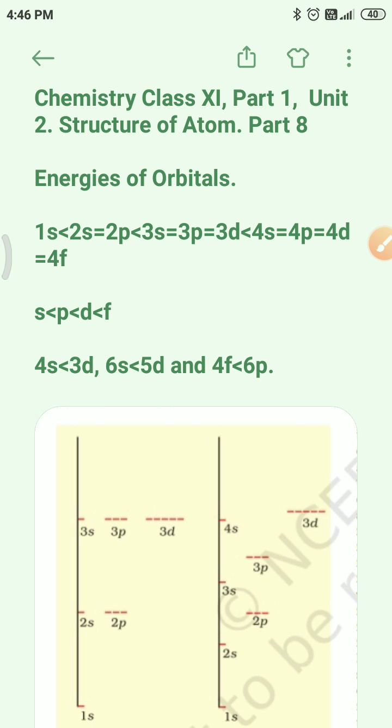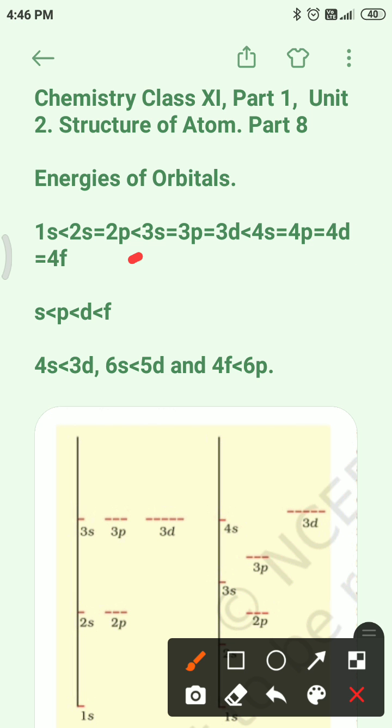Thus, the energy of the orbitals in a hydrogen atom increases as follows: 1s is less than 2s, which is equal to 2p, less than 3s, which is equal to 3p, equal to 3d, less than 4s, which is equal to 4p, equal to 4d and 4f.